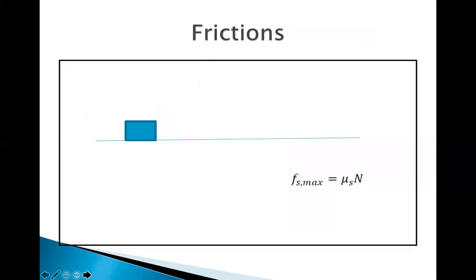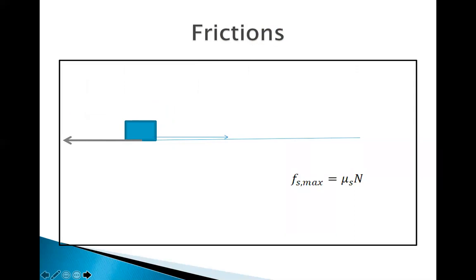Here's another example. If you pull an object with a force and it's not moving, that's because the friction force is resisting the tendency for it to slide with reference to the surface. If you increase the force and it's still not moving, that's because the force that resists the relative motion increased.